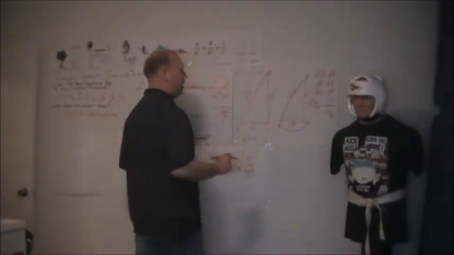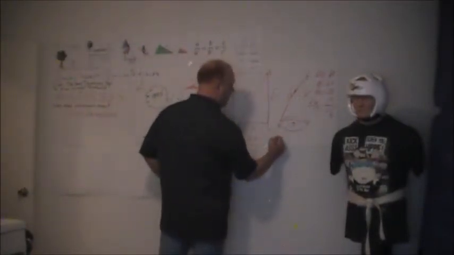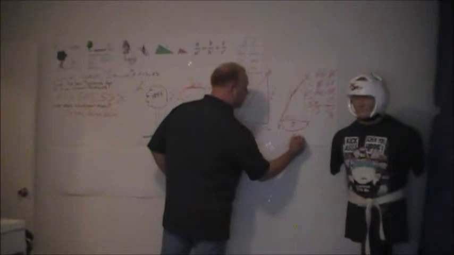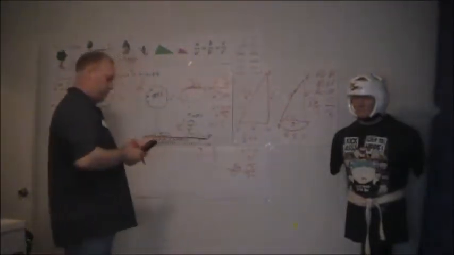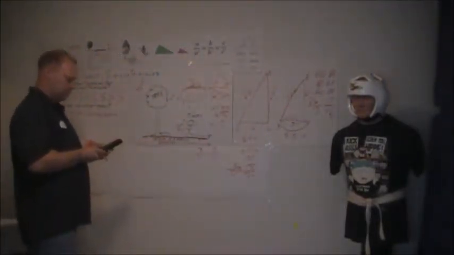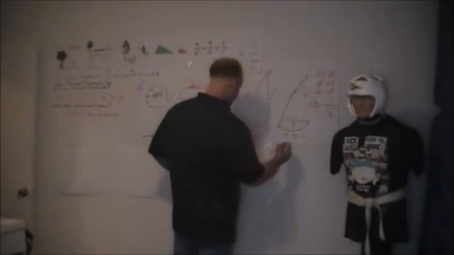Now we can find the area of that. You got the base, which is 5 inches. You've got the height, which is 12 inches. Multiply it times 1/2. And let's see what we come up with now. 30.